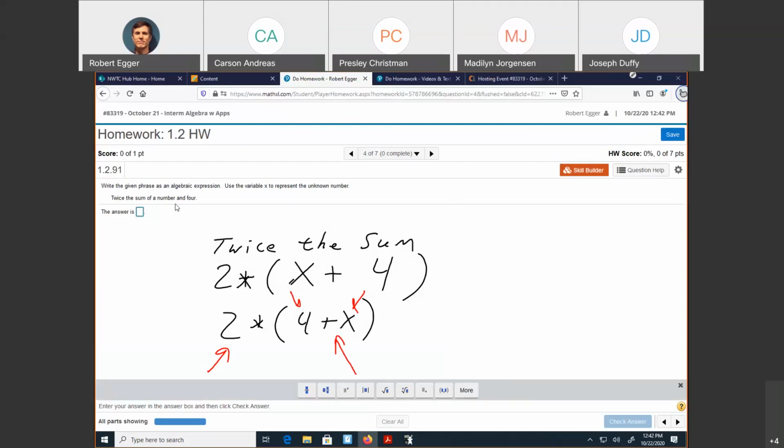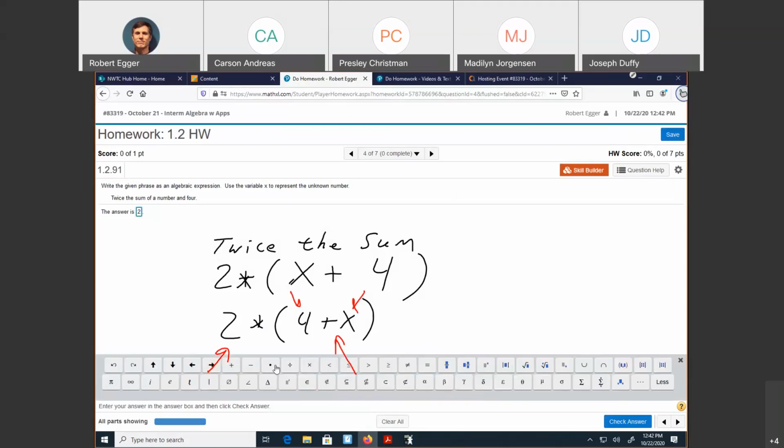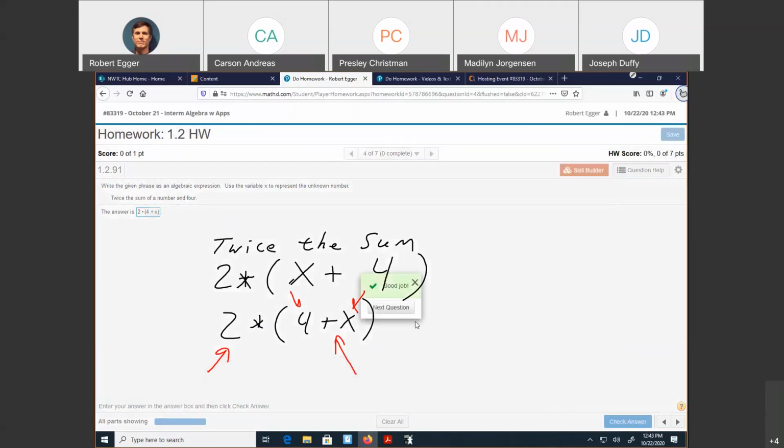I'm curious. 2 times, parentheses. Let's see if this works. I really don't know if this is going to work or not. It accepts that. I know we'll accept this one. All right, interesting. That's the problem.